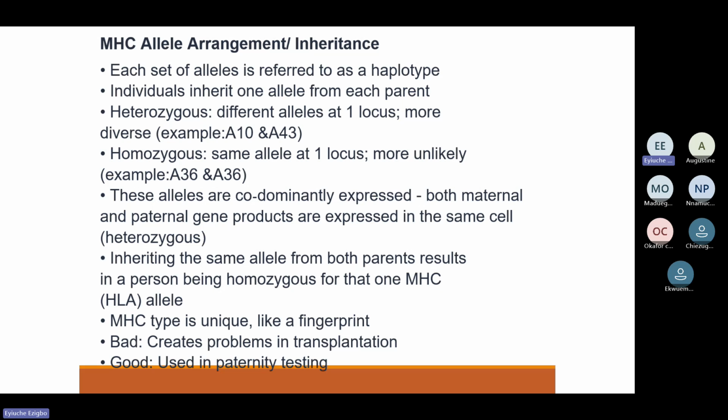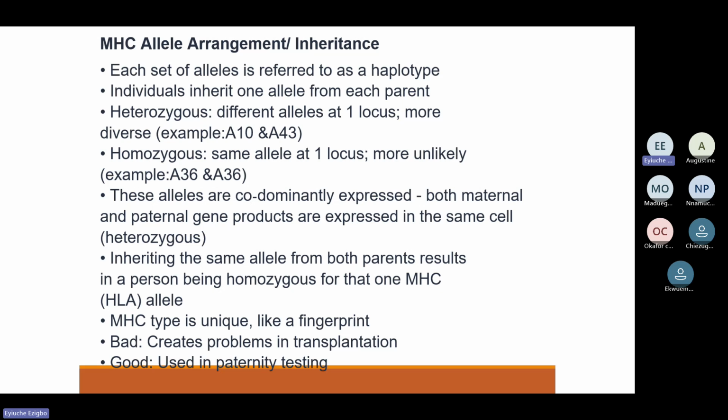That gives the heterozygous status of the cell. So it's not recessive. Each gene inherited from each of the parents is expressed. Inheriting the same allele from both parents results in a person being homozygous for that MHC allele.